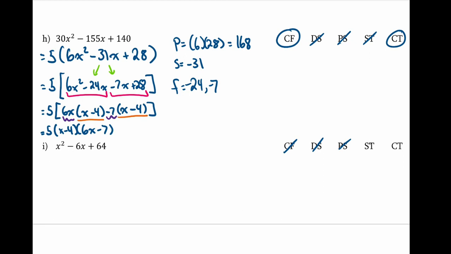Is it a simple trinomial? Yes, it is, because the value in front of the x squared is 1. So here we're just going to use our regular product and sum method. So two numbers that multiply to 64 but add to negative 6. So we're looking for two factors to add to negative 6.